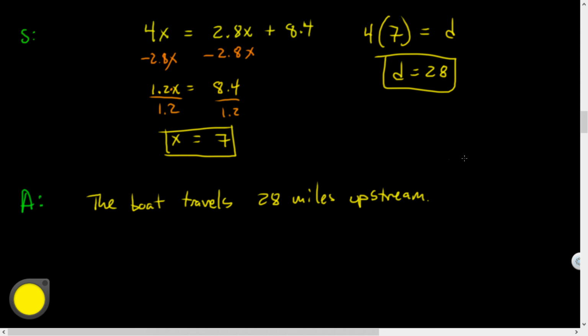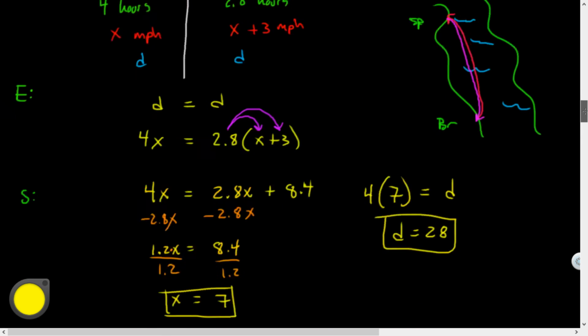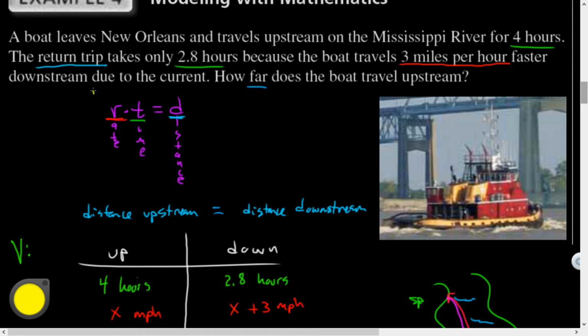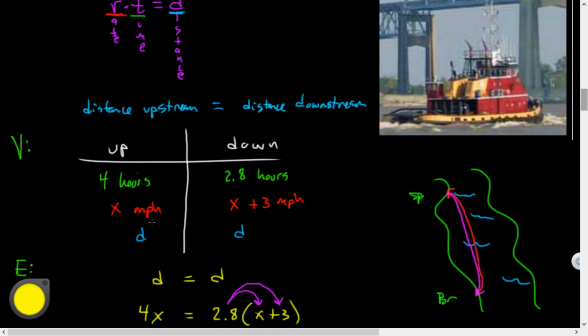Now, guys, this problem had a lot going on in it, but that's why I want us to keep practicing these concepts, rehearsing them, so that we'll be able to get the idea. The things that you had to know in order to do this problem was this formula, rate times time equals distance. You had to bring that to the table. You had to analyze the problem and figure out the rate, the time, and the distance in both of those situations.